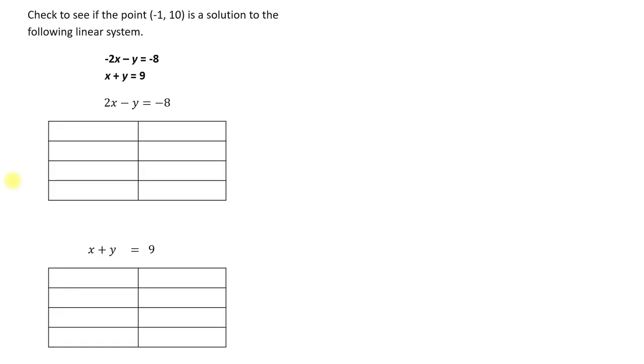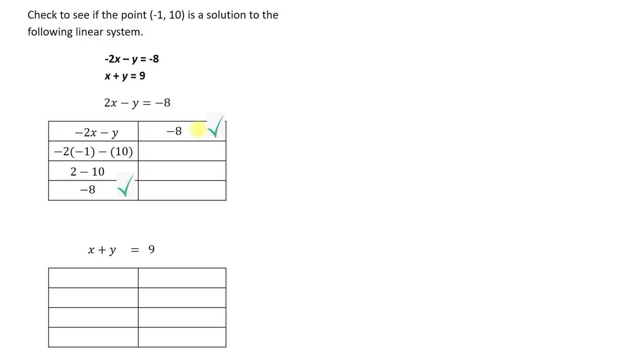Check to see if the point negative 1, 10 is a solution to the following linear system. So here we're given two equations, and we need to check to see if the left side equals the right side in both those cases. So we'll take the values negative 1 and 10, we'll plug it in, and we can see that for the first equation, the left side does indeed equal the right side.